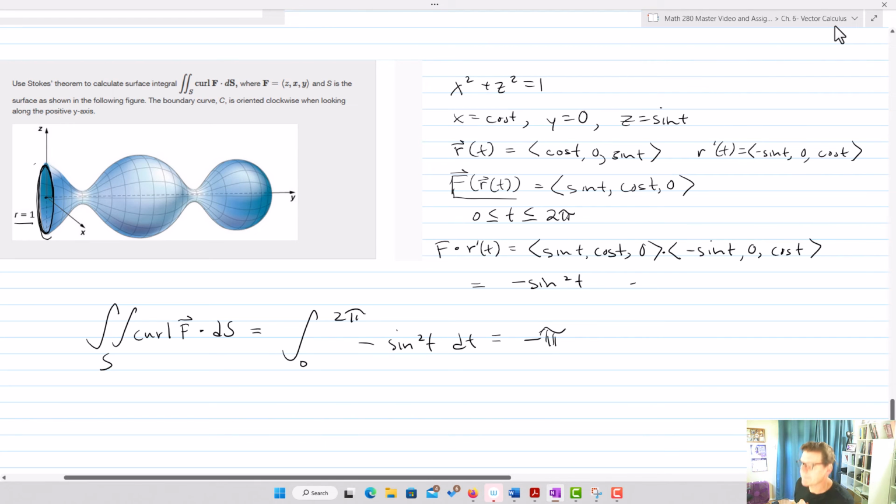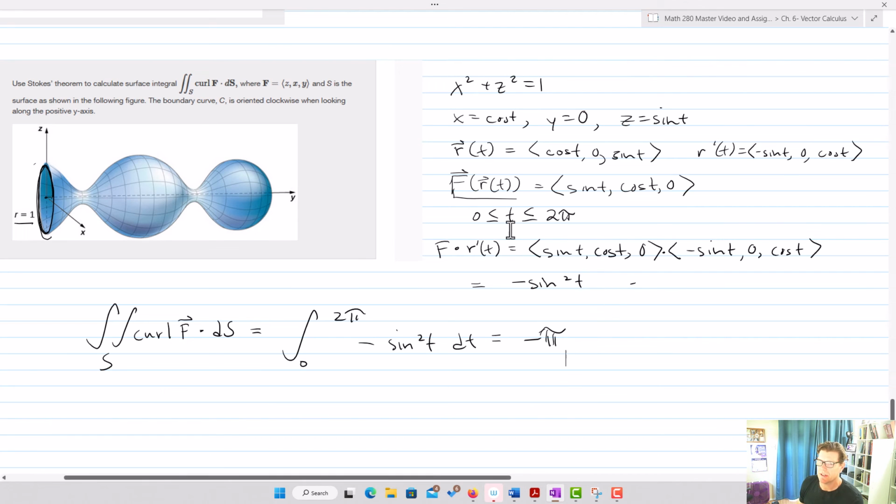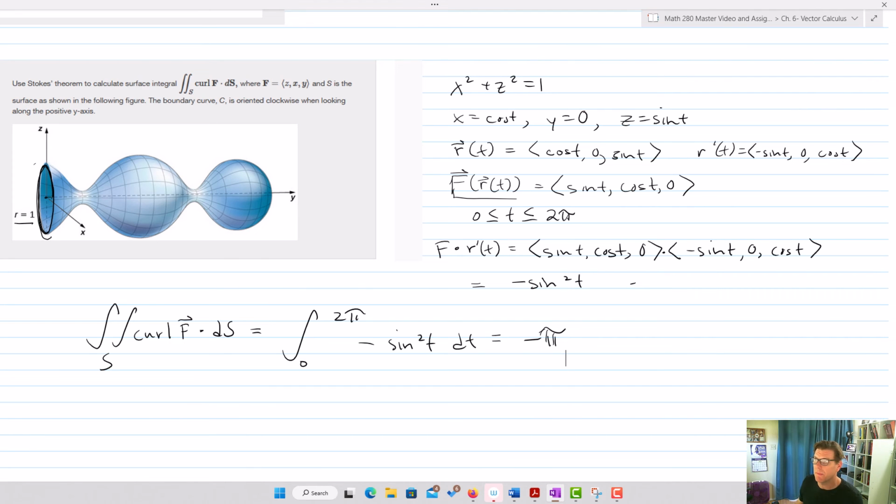And there we go. So you can see how much easier it is to do that than to actually go out and figure out the parameterization for that surface, if at all even possible to find the parameterization for the surface. All we need to do is find a boundary curve. And that's one of the great things about Stokes Theorem: it allows us to simplify problems that would otherwise be unmanageable. We wouldn't be able to do them.